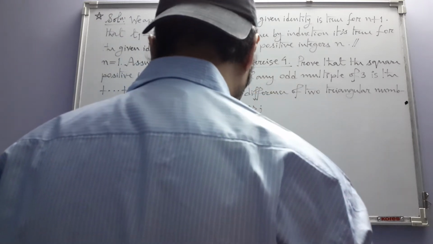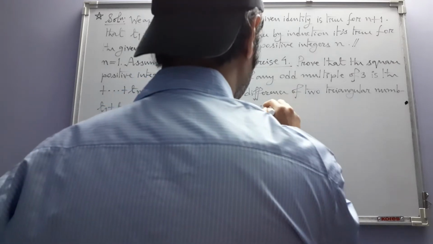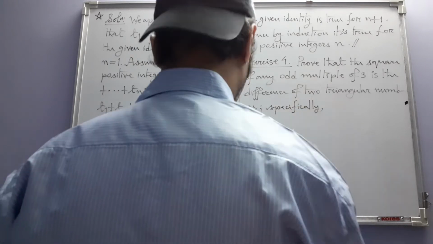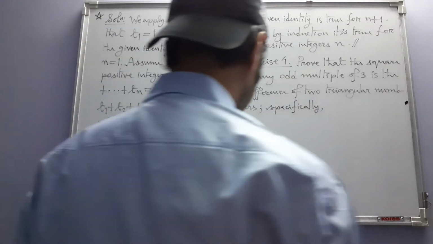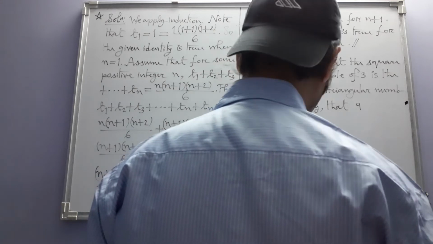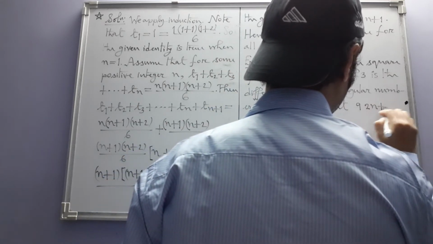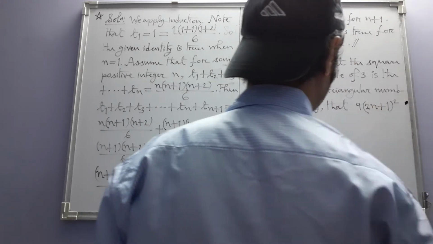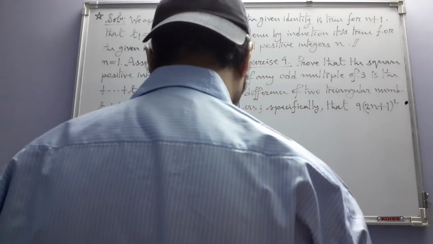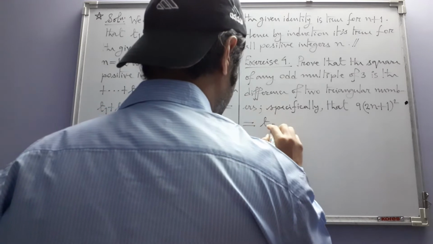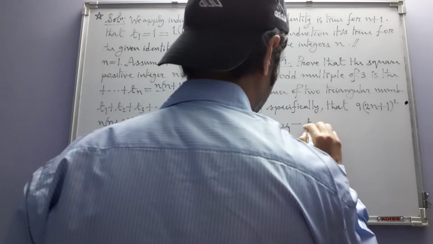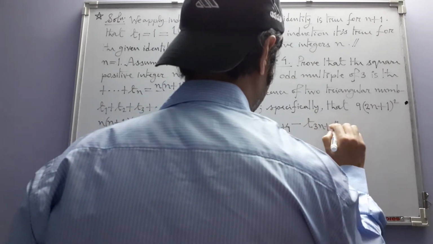More specifically, precisely this: the square of an odd multiple of 3, so 3 times (2n plus 1) whole square, that is 9 times (2n plus 1) whole square, is T(9n plus 4) minus T(3n plus 1).